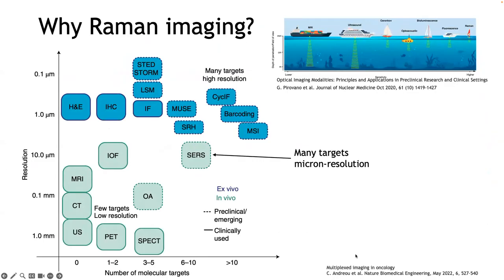It compares different imaging modalities based on how many molecular targets they can image simultaneously and at what resolution. And we see here SERS is not the best on any of these, but it does reasonably well in both counts. So it can image multiple targets at a micron size resolution.